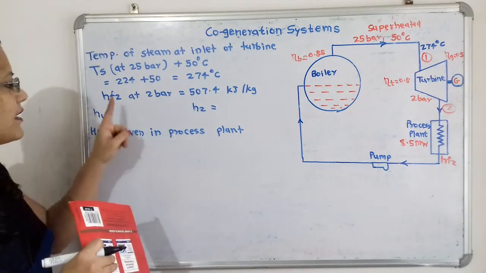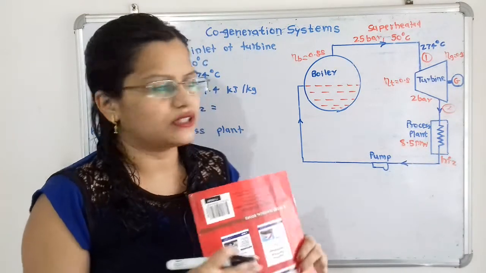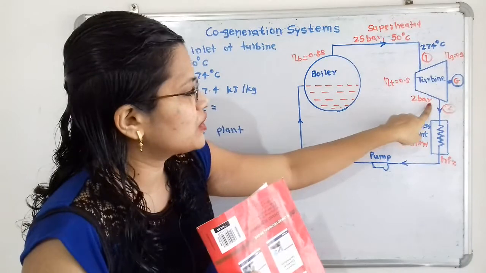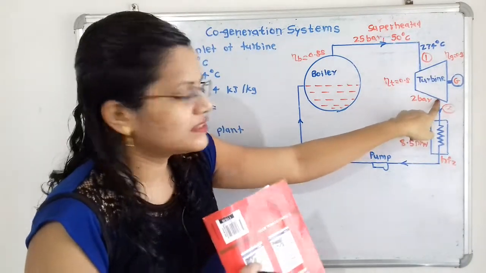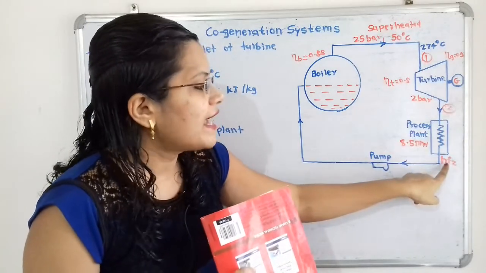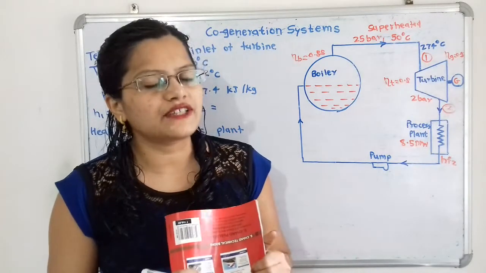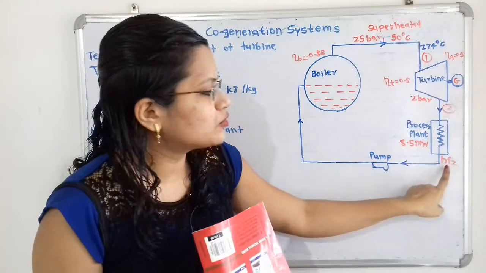Now we will find out the hf2 at 2 bar pressure. At the exit of the turbine, pressure is maintained at 2 bar, and this steam and water mixture enters the process plant, where all of this mixture is converted into saturated water. We have to find the enthalpy of this saturated water.